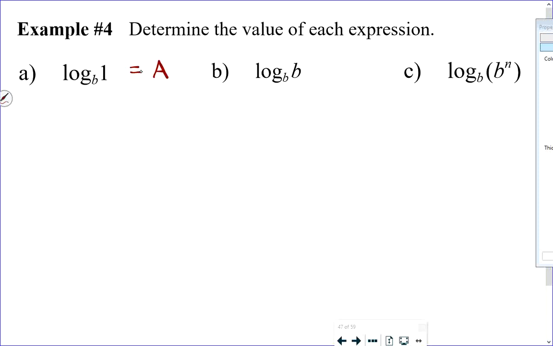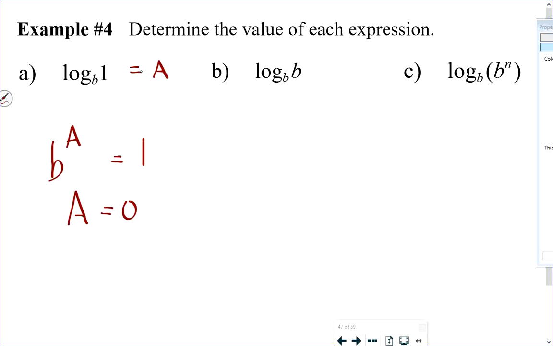So when I write this in exponential form, I get that. And now I'm going to say, what is it that I would raise a base to get 1? The answer is 0. 0 is the exponent on a power that produces a value of 1. So this is equal to 0.